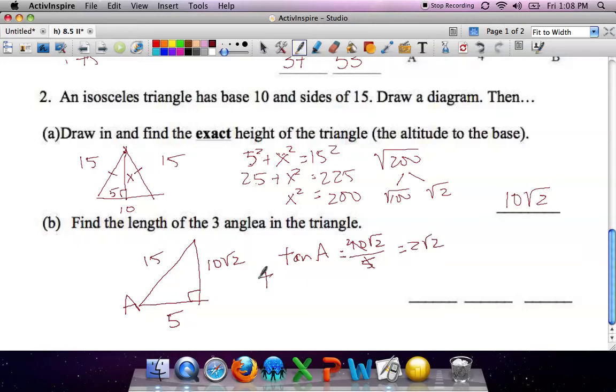On the calculator, we could do tan -1 of 2 root 2. Or you could calculate 2 root 2 into decimal and look it up in the table. If you do that, you'll find one of your angles is 71 degrees, angle A. And of course, it's isosceles, so there's another 71 degrees, the other base angle, and the leftover is 38 degrees.